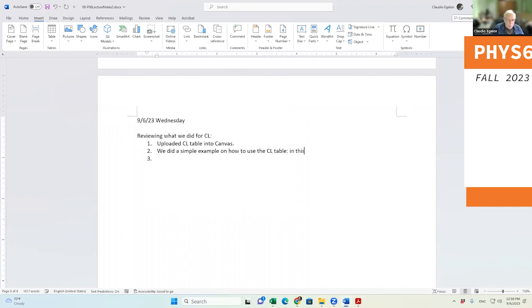In this example, we use the critical value of R square, which provided us with a single value of CL, 99.99%, which is equal to 0.9999, right?